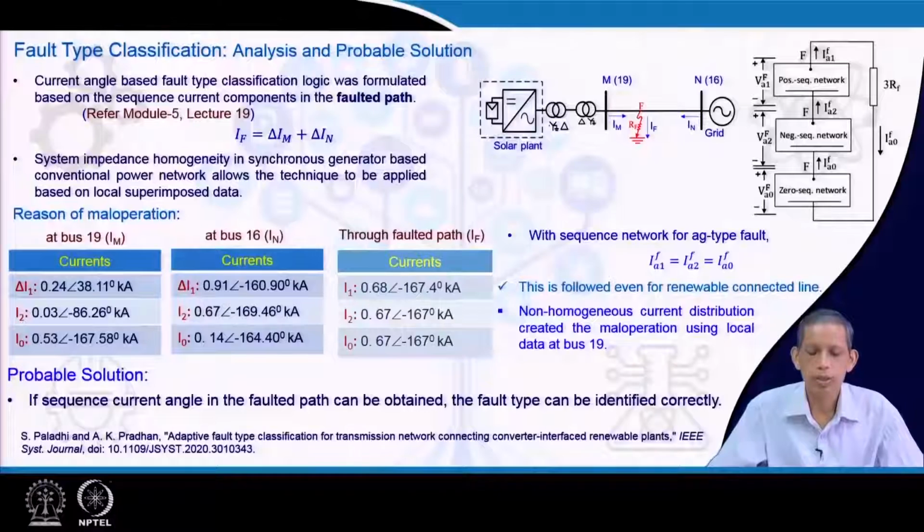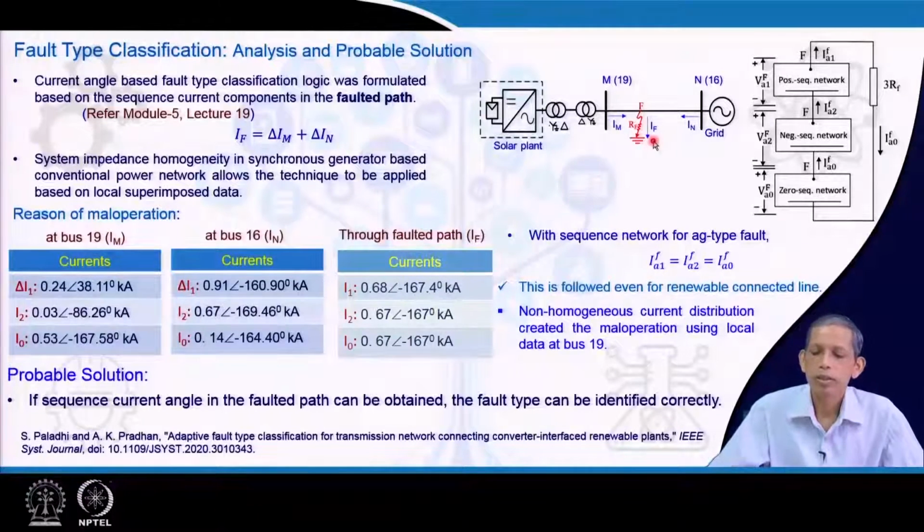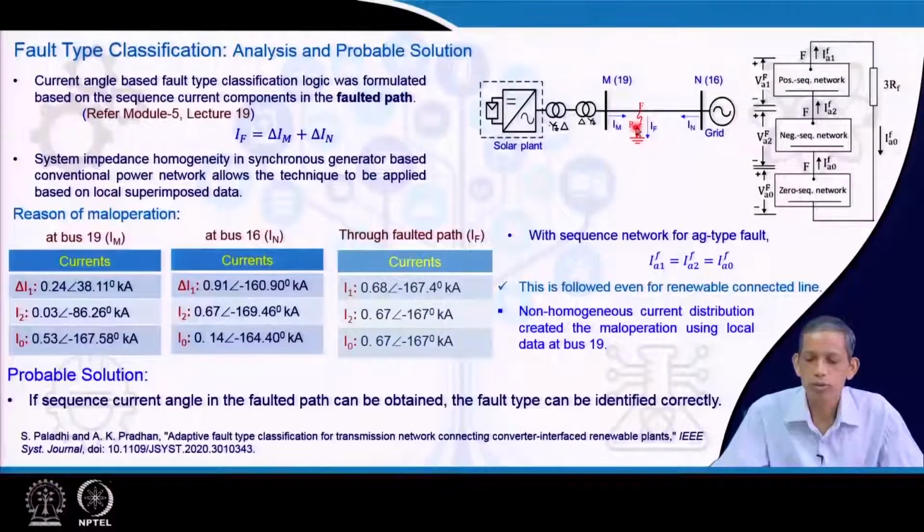Therefore, we observe that in such a situation also the faulted path current maintains the current and angle relations for the fault classification. But the local data at the converter side resource does not hold good because of the different converter control aspects, but the grid side is still valid.